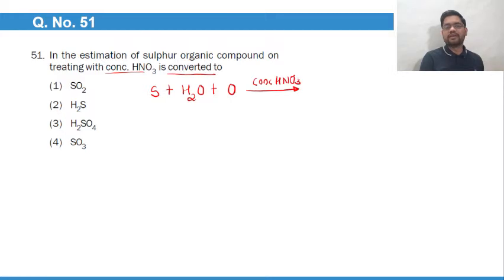So the reaction goes in this way, they all combine and give you H2SO4, that is sulfuric acid. So question number 51, the answer will be option number 3.